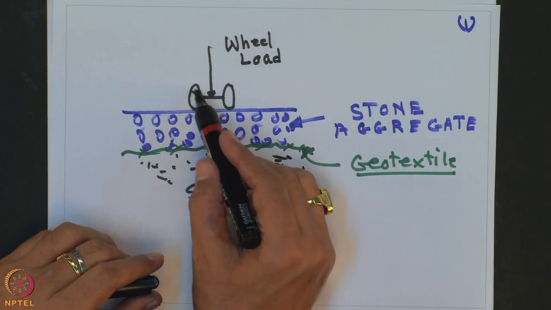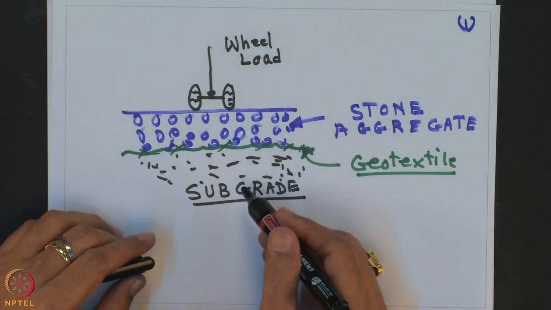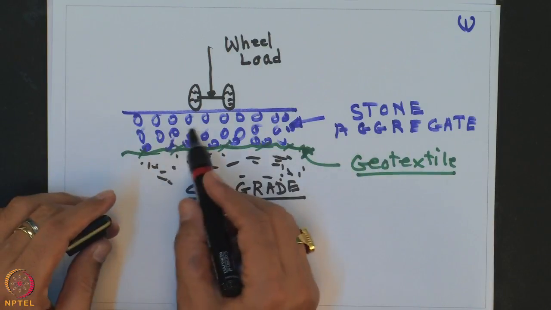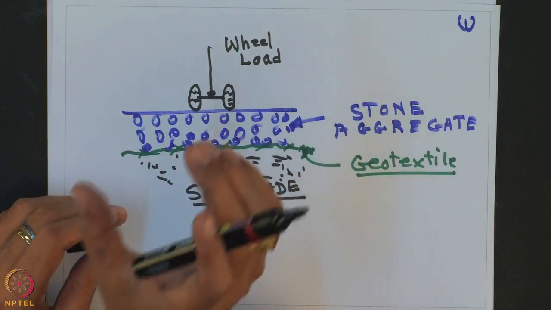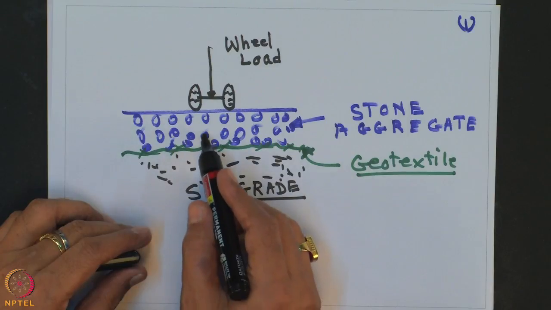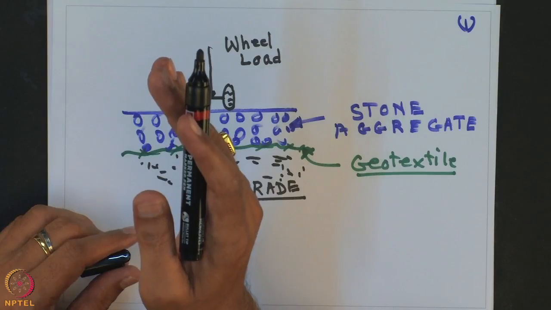So, there is a tire inflation pressure, and this stone aggregate, let us say some diameter of the stone aggregate is dA, dV like this. Then when you apply the load, due to the subgrade, the geotextile may push in the upward direction.